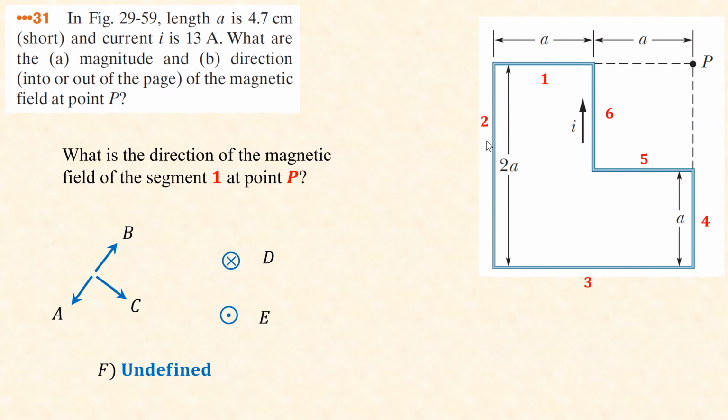Does anyone want to share their thoughts about how they got the answer? The answers are all even between B, C, D, and E. Anyone want to talk about it? The way I was looking at it, the current's the same direction, no matter where you are on the wire, it's still going up.